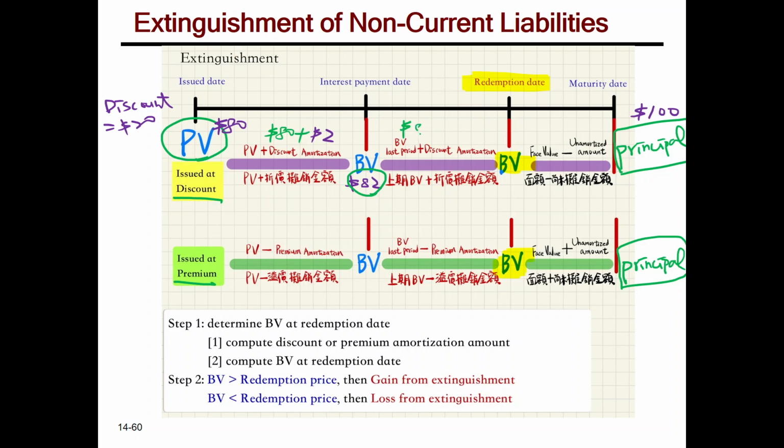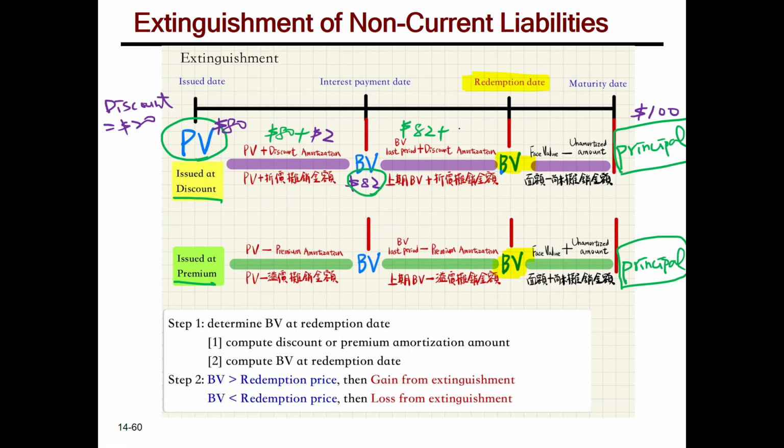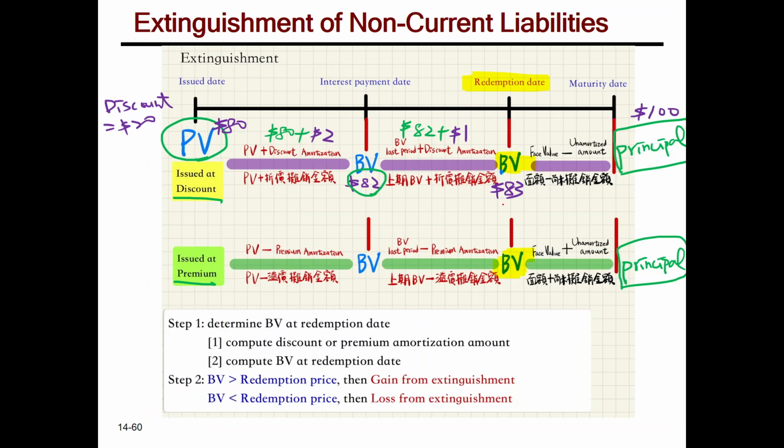So 82 plus, if I assume is 1, so you will get the book value should be 83. Okay, so I find out the book value at redemption date is 83.